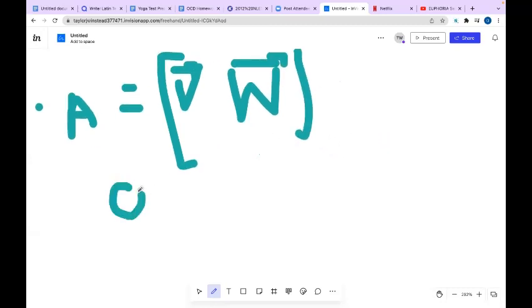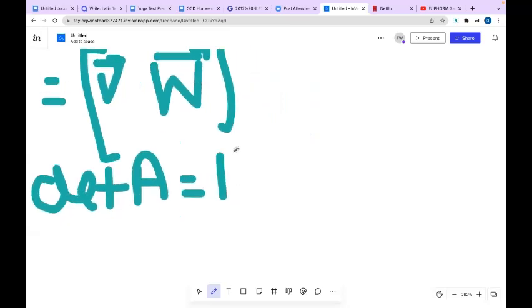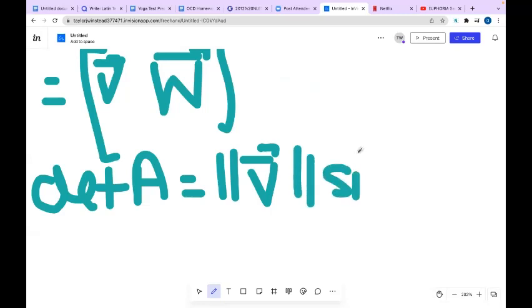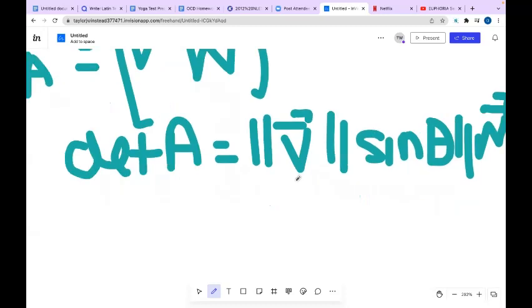Then the determinant of A is equal to the length of V times sine theta times the length of W, right?